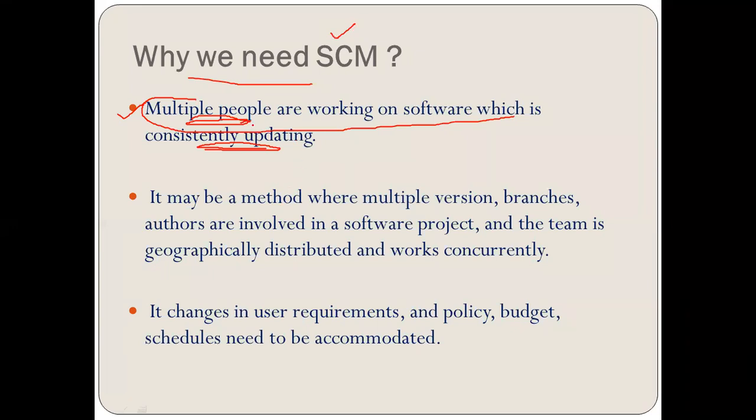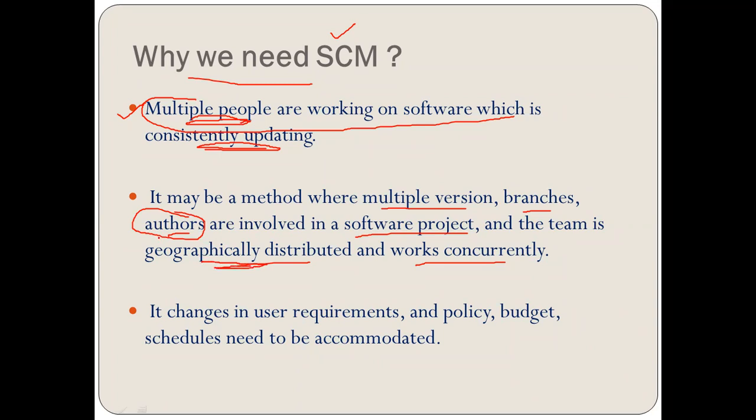Second point, as there are multiple people, in the same way multiple versions, branches and authors are involved in the software project, and the team is geographically distributed and works concurrently. That means on a software which is being developed, multiple authors, meaning multiple developers, are working, and they are geographically distributed.